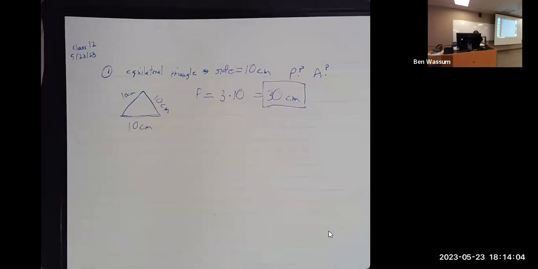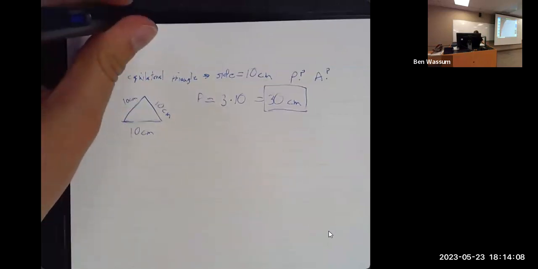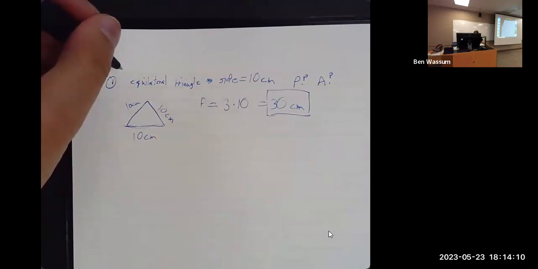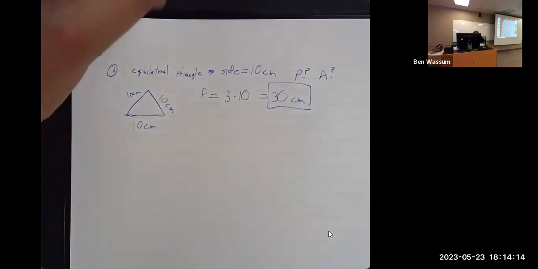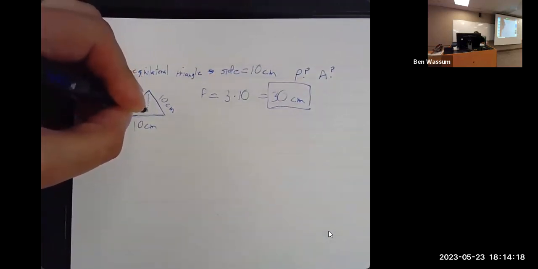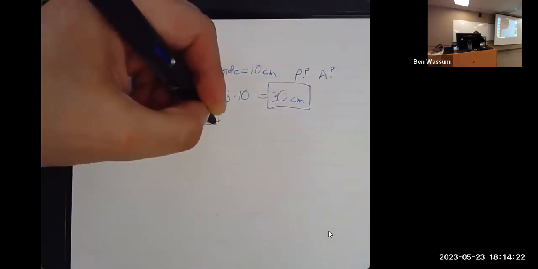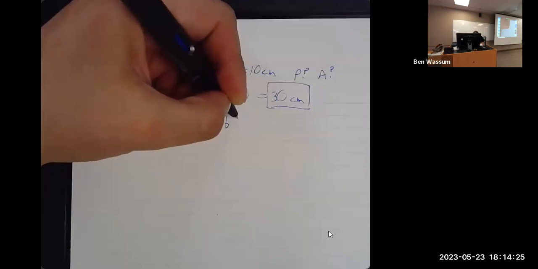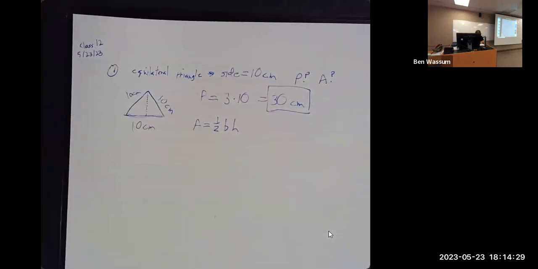Now to find the area, we don't quite have enough information at this point. I'll show you what I mean, because like I said, the area formula is 1/2 times the base times the height, but we don't know what the height of this triangle is, right?